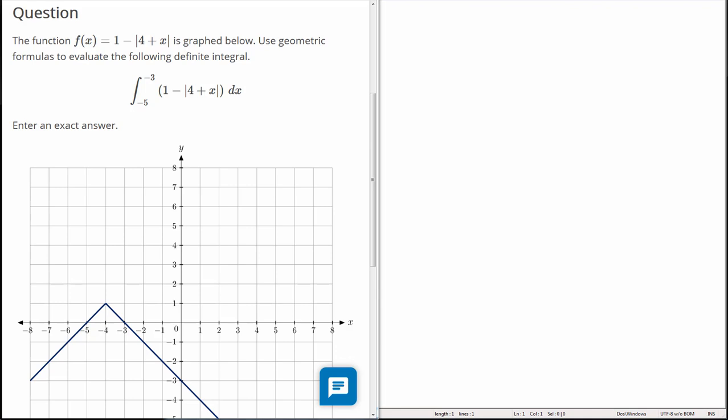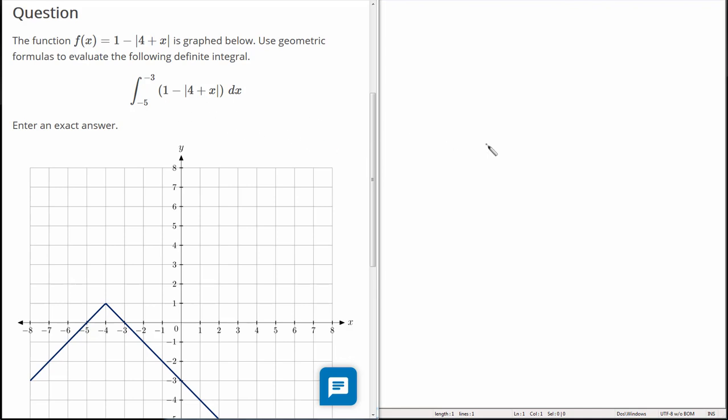However, at the end of the day, what the definite integral turns out to be is the signed area under the curve. So in a case like this, where everything is straight, then evaluating a definite integral is kind of easy, because it's just what's the area, or technically what's the signed area.